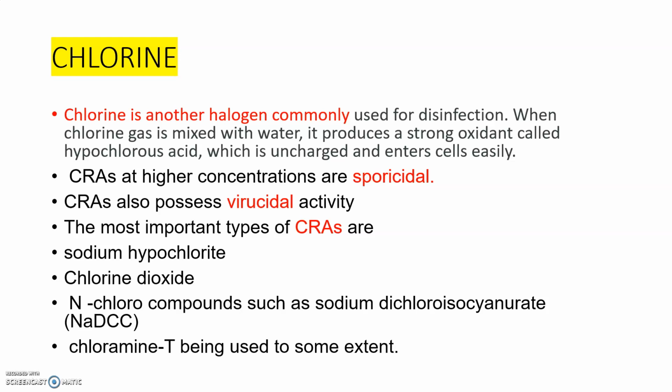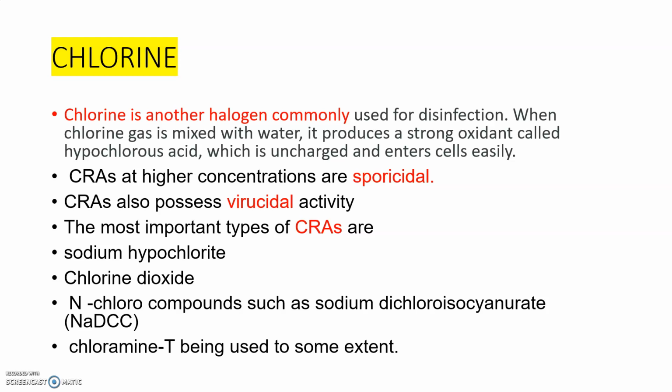Next is chlorine. Chlorine is another halogen commonly used for disinfection. When chlorine gas is mixed with water, it produces a strong oxidant called hypochlorous acid, which is uncharged and may enter the cells easily. So what do we mean by CRAs?